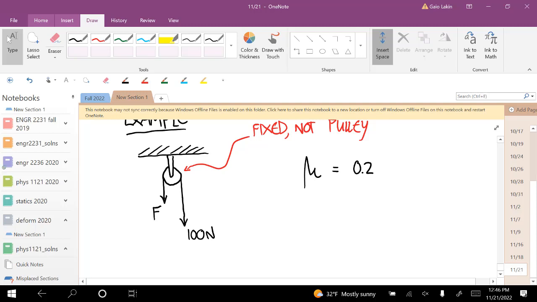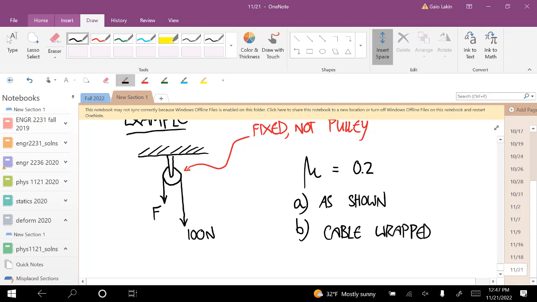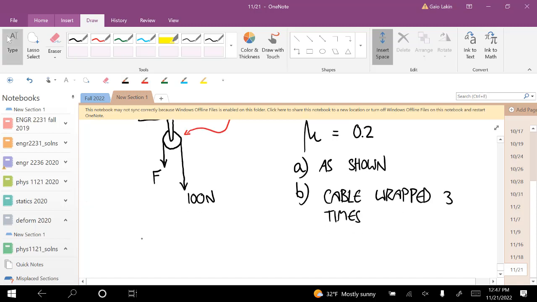And let's first do it as shown. Second, let's do it with that cable wrapped around 3 full times. And then we're going to compare those answers to if it was a pulley.